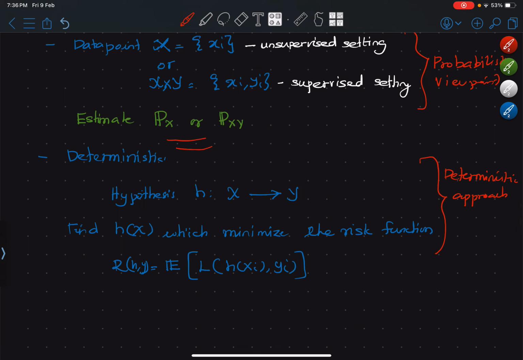In the deterministic setting, we have a hypothesis function which takes x to y. Since it has infinite cardinality, we have to cast it as an optimization problem. What is the optimization problem?